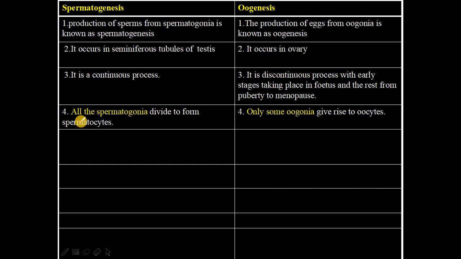The next difference is that all the spermatogonia divide to form sperms, whereas in oogenesis, only some oogonia give rise to oocytes, that is primary oocytes. In spermatogenesis, all the spermatogonia divide to form spermatocytes, and these spermatocytes further form sperms.